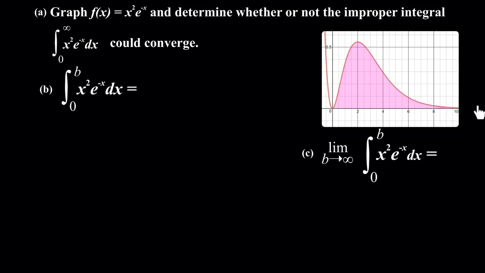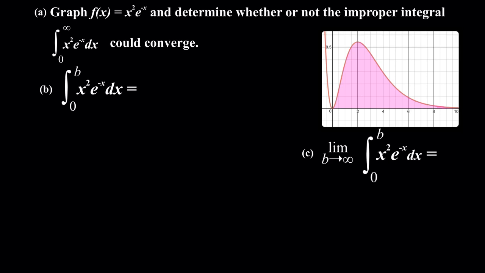This does approach 0 as the function goes to infinity. However, what we want to know is, does this area approach a single value, or will this area continue to grow as you move to infinity? That's what we want to look at.